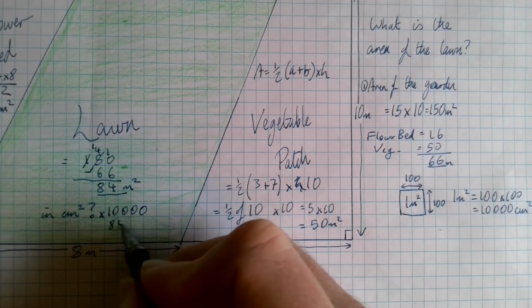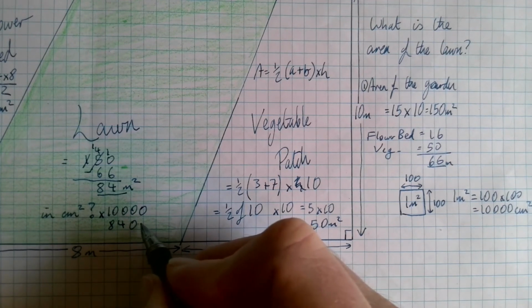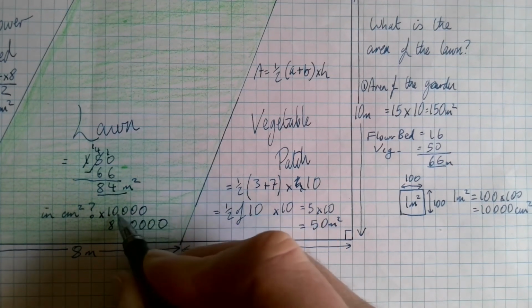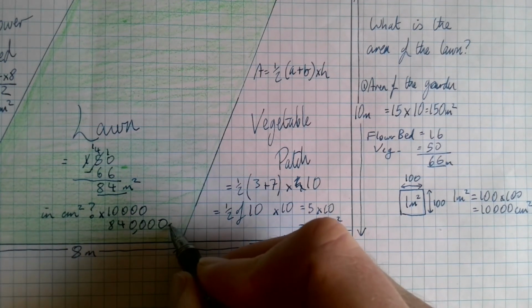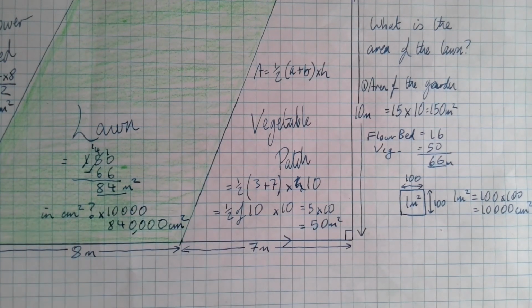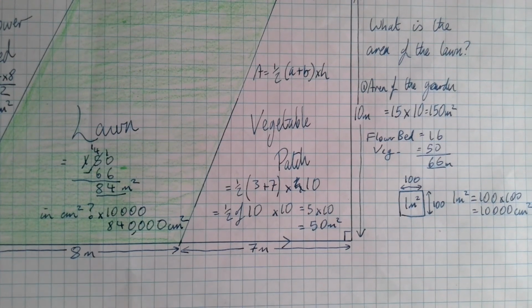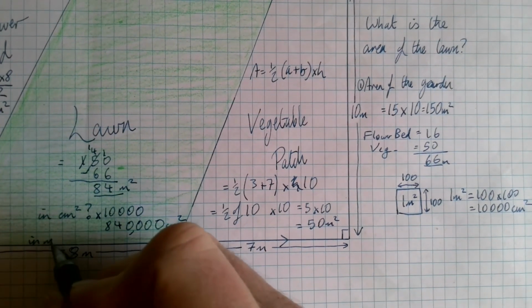So what we need to do with the 84 is multiply it by 10,000, and that would give us 840,000. Got 4 zeros there, so just going to add 4 on there. 840,000 square centimeters. What if I asked you how many square millimeters?